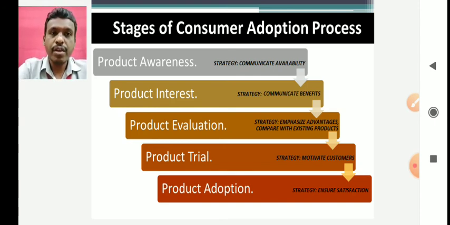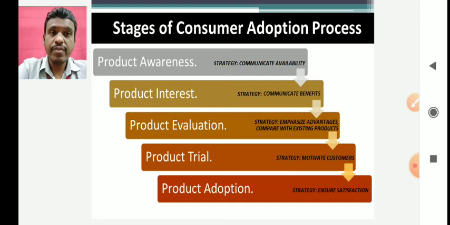What happens in product evaluation is, the consumers now evaluate our product with respect to the existing products and with respect to the products of the competitors, similar types of products which they are purchasing currently. So evaluation is done. They try to understand what are the advantages, disadvantages, and how our product is better than, or not that better than, the competitor products.